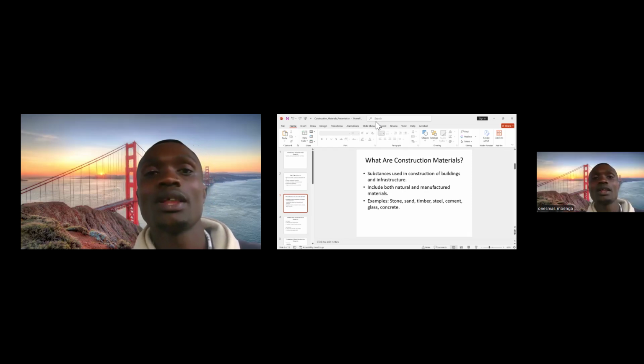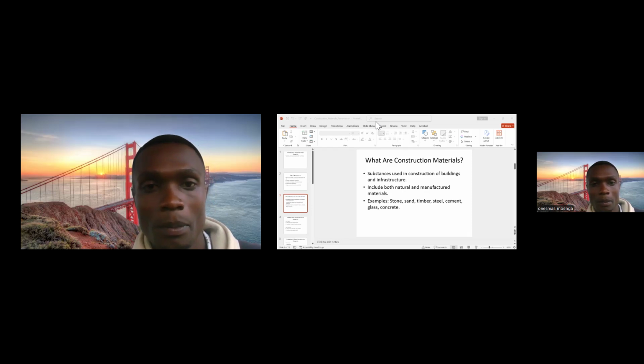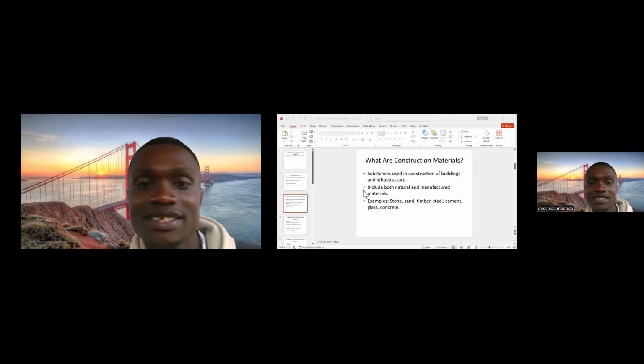You can go up to that icon of the chat box, then text there. These are materials used during construction. Amina Masita: these are materials used in general building construction.